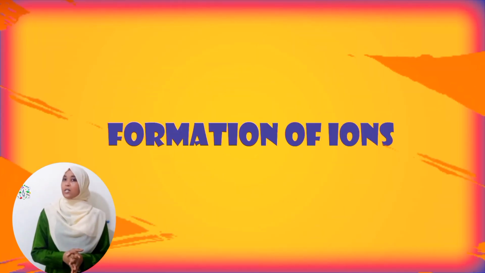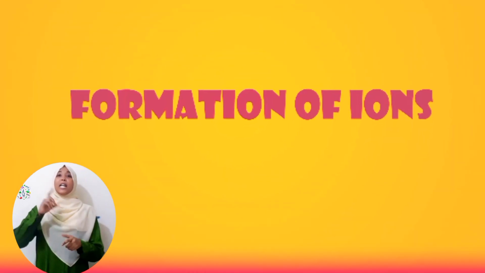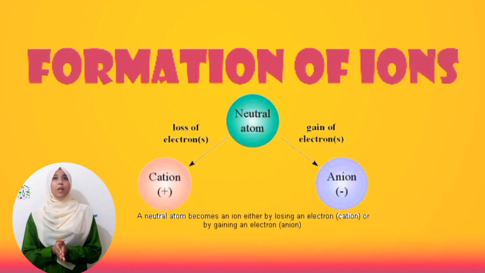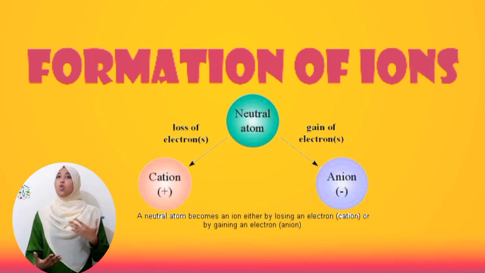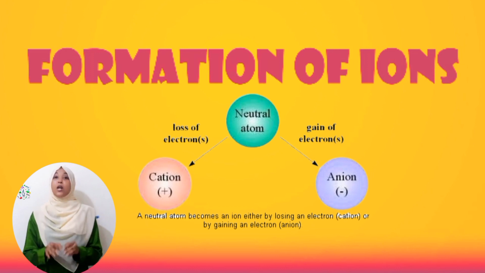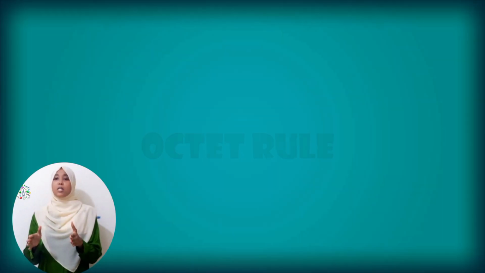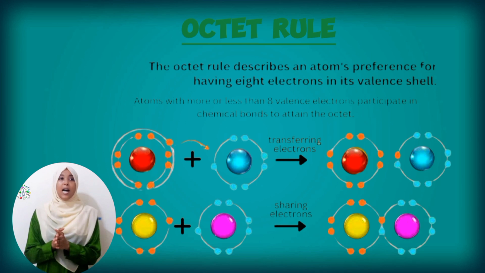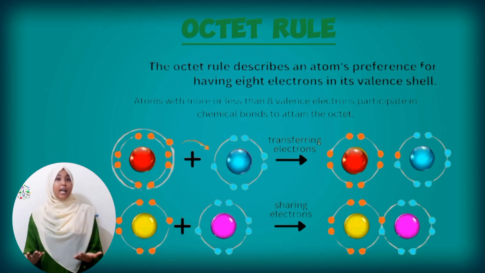So what are ions? Ions are formed when an atom either loses or gains electrons. Let's pause there. Why does an atom lose or gain electrons in the first place? There's a rule in chemistry called the octet rule. The octet rule, simply put, states that a lot of atoms are unstable, and the reason why they are unstable is because they don't have full energy levels.